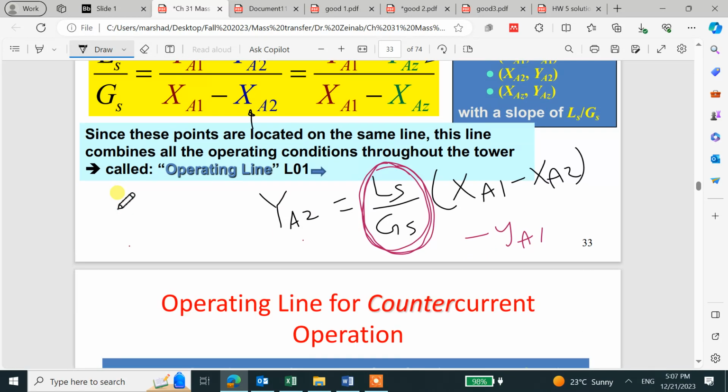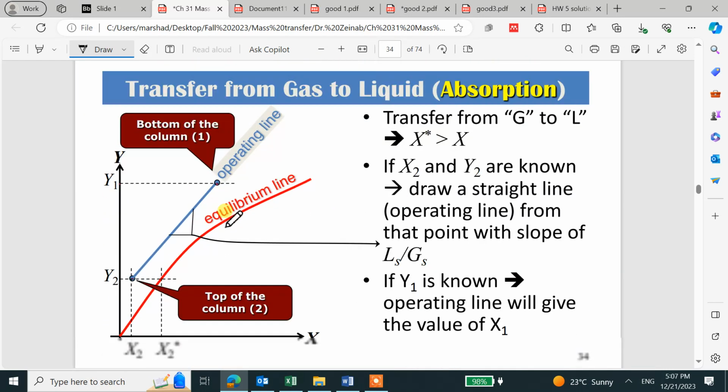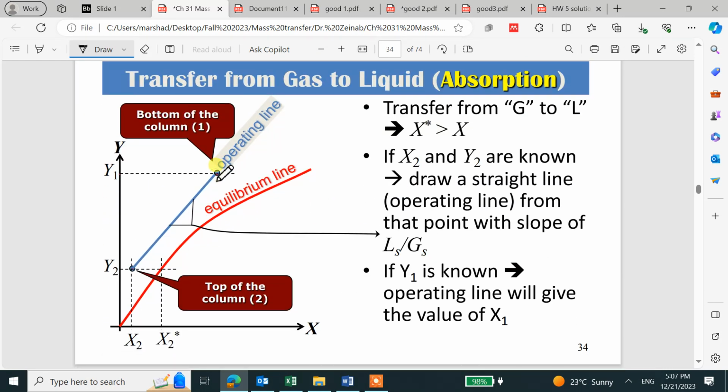And then we can plot this point X1, Y1 here and X2, Y2 here. Then you connect it, and that becomes your operating line. Okay, and the equilibrium line is given, data is given, you can plot it.